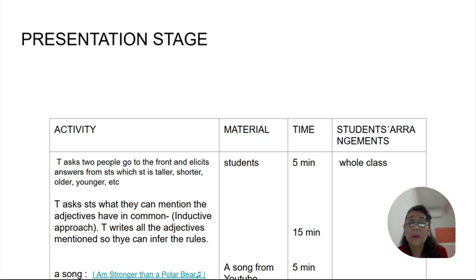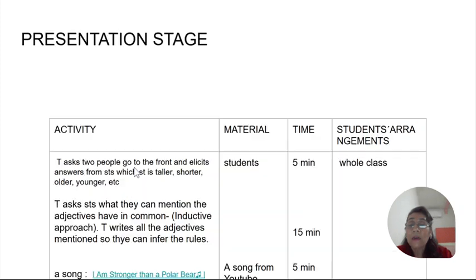Oh, Pedro is taller, or Juan is taller. So I'm going to write tall, taller on the whiteboard. Short, shorter, old, older, young, younger. So they know what the suffix is that we can add.